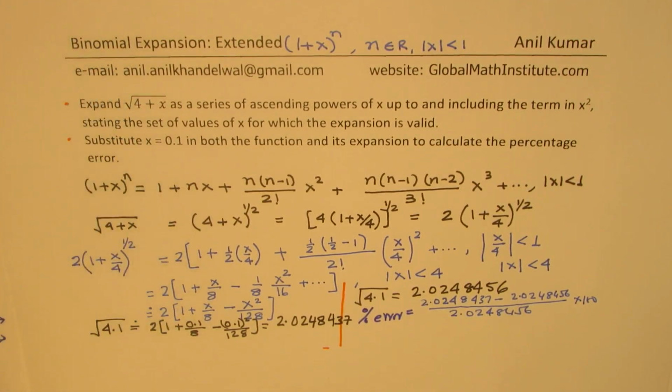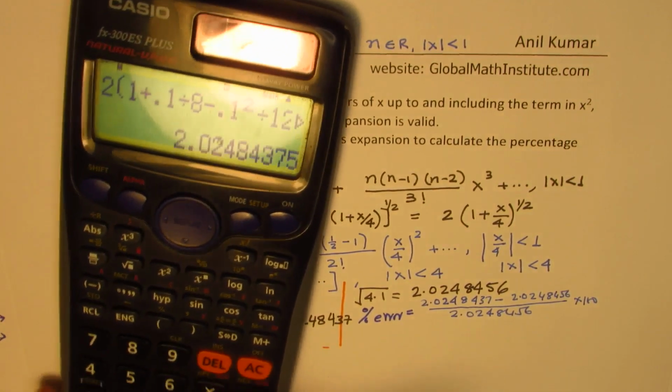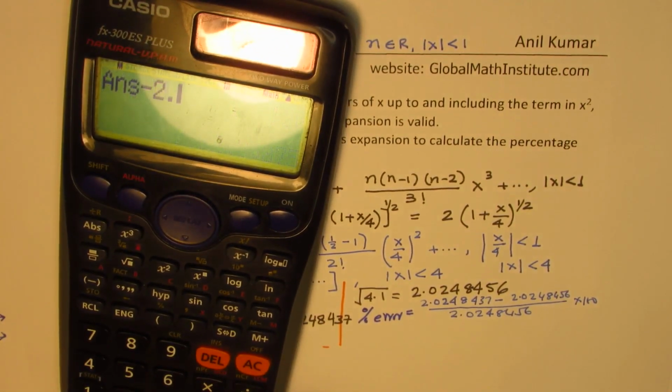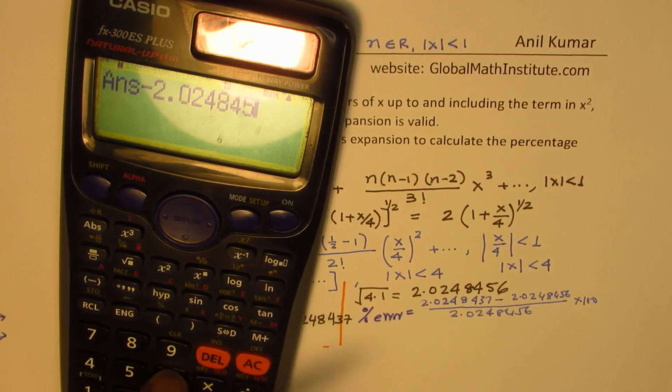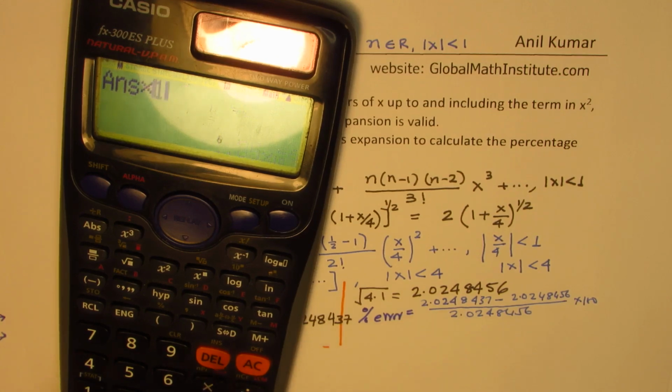So let's do this. I already have this value here in the calculator. We'll do minus 2.0248437, and we'll multiply this by 100.